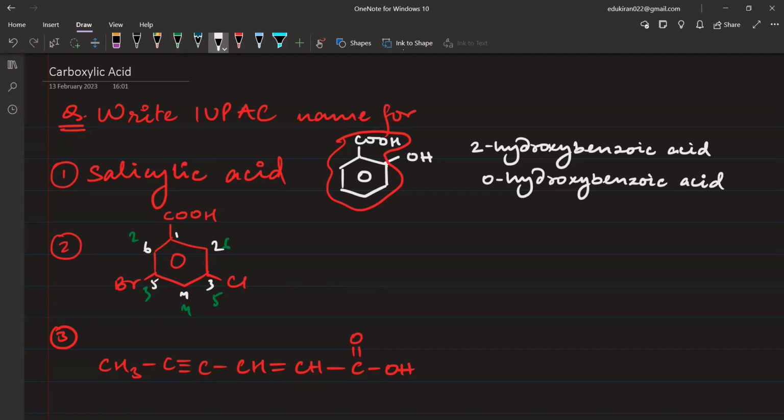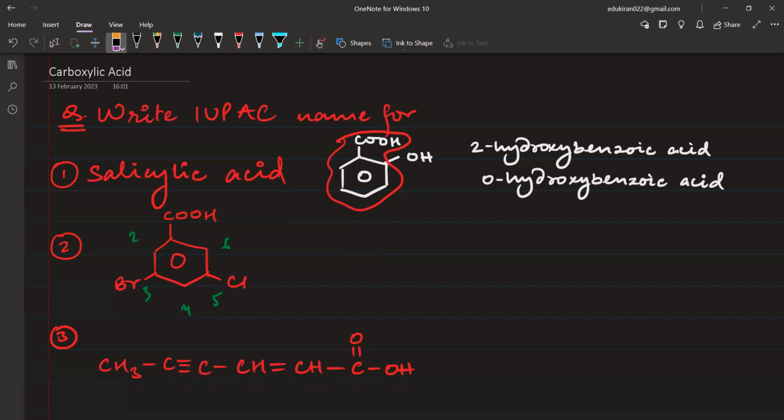In the white case, you are going to get 3-chloro and 5-bromo. And in the green case, you are going to get 3-bromo and 5-chloro. Now, once you have this option, you have to choose the alphabetical order one. Bromo comes first, and that is why this will be 3-bromo, and then C comes after B, that is why it will be 5-chloro, not the other way around. So please remember that it will be the green one, not the white one.